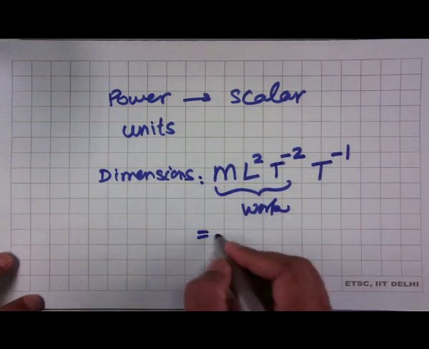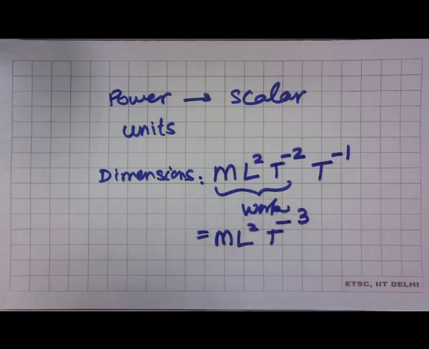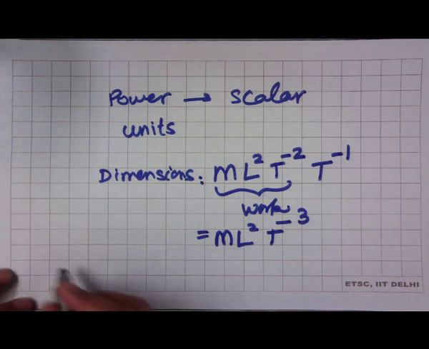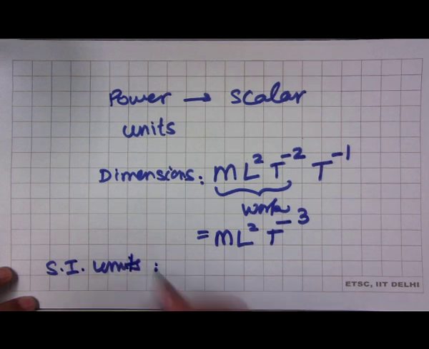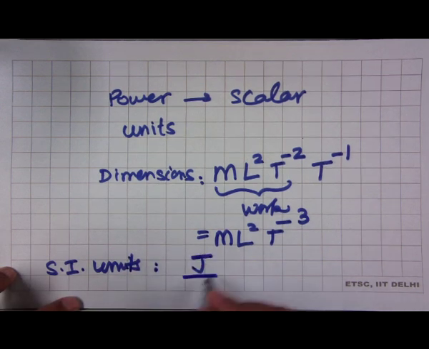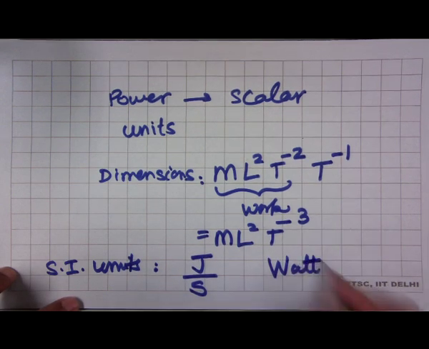So, this becomes m times L to the power of 2 t to the power of minus 3, and in terms of SI units, this will be joules per second, and this is called a watt.